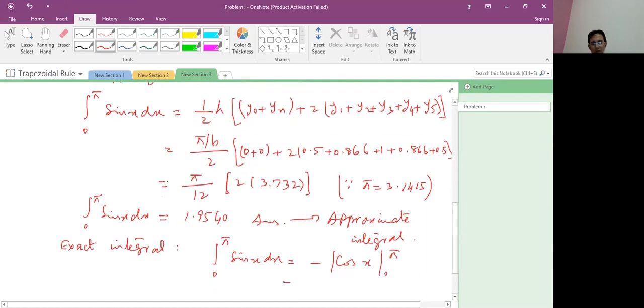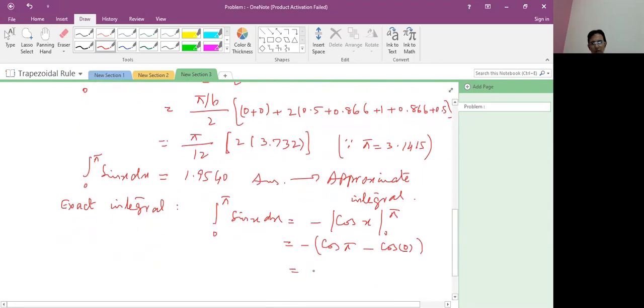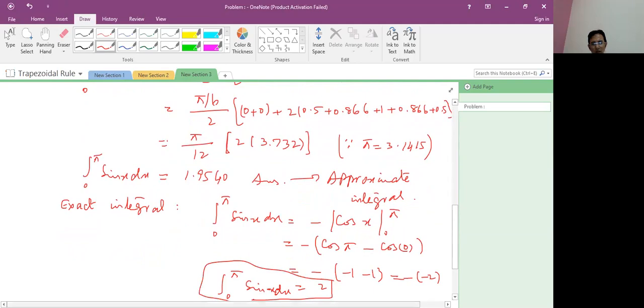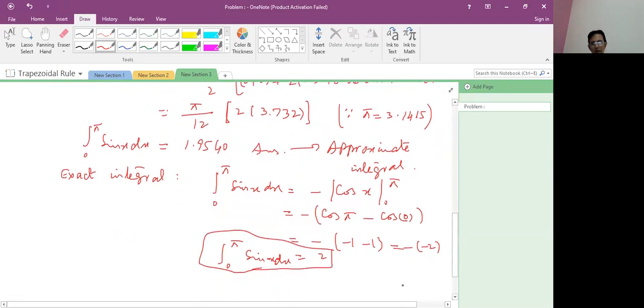When we put here minus cos of pi minus cos of 0, it means minus cos pi, which is minus 1. With the help of the calculator, it is minus 1. So the answer is minus into minus, 2. So the exact integral value of 0 to pi sine of x dx is 2. This value is called the exact integral value.